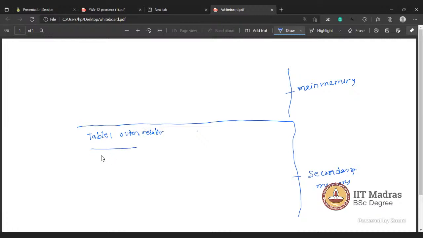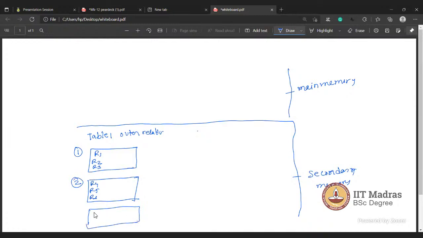Suppose there are 3 blocks and a number of records: record 1, record 2, record 3. This is 1 block. This is record 4, record 5, record 6. This is 2 blocks. And suppose record 7, record 8, record 9.